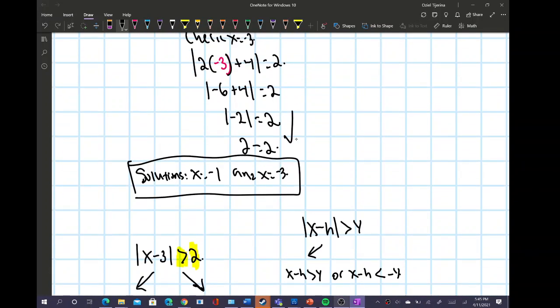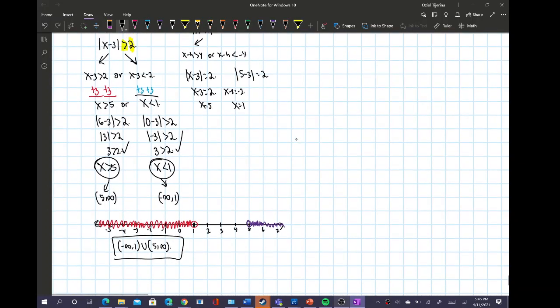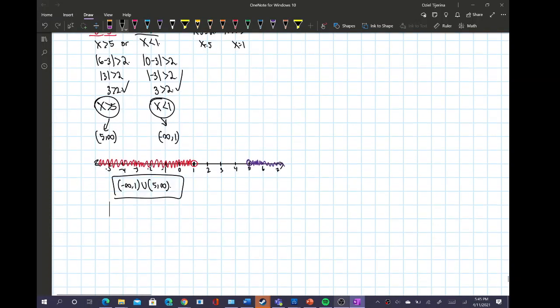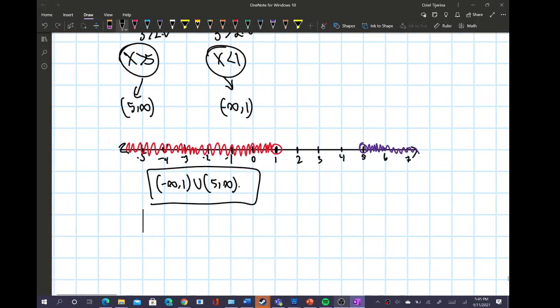I'm trying to think of what else. Absolute value inequalities, I don't think you have to do it in interval notation. I really doubt it.